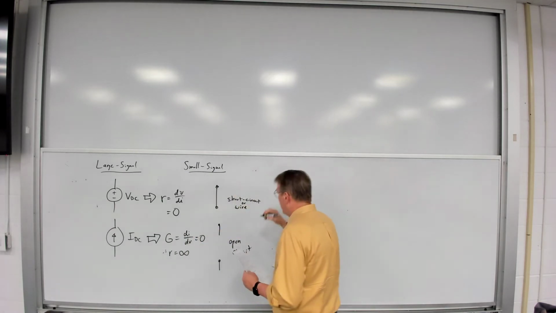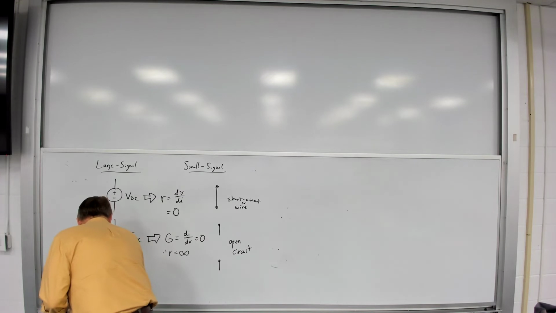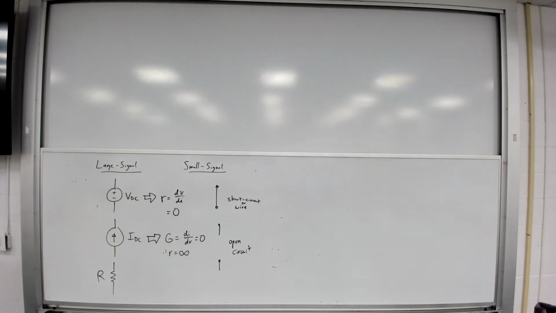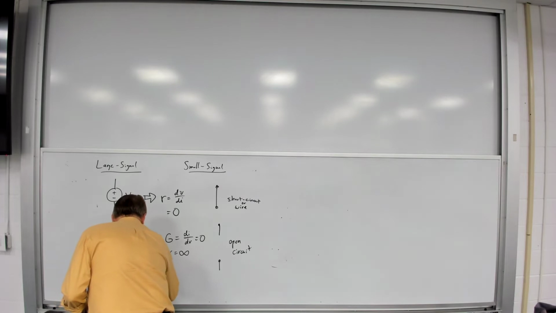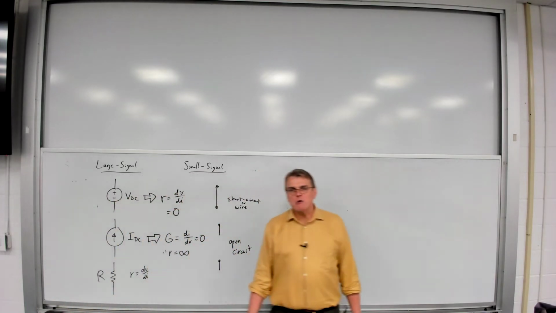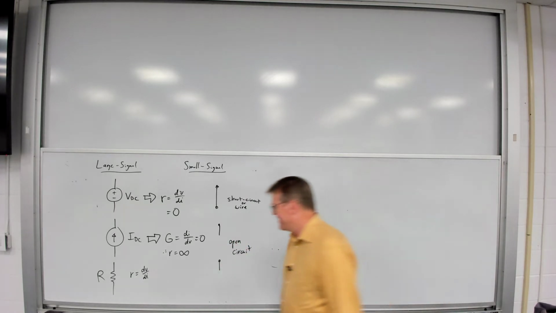Then we're going to have resistors. And let's consider just a standard resistor. What is the value of dV/dI? What is the AC value of a resistor? R, it's still R, exactly.